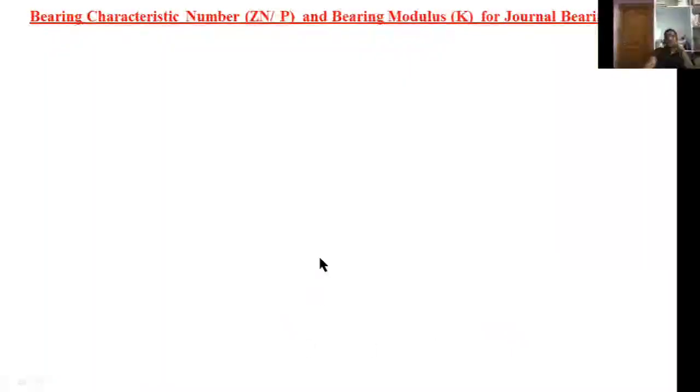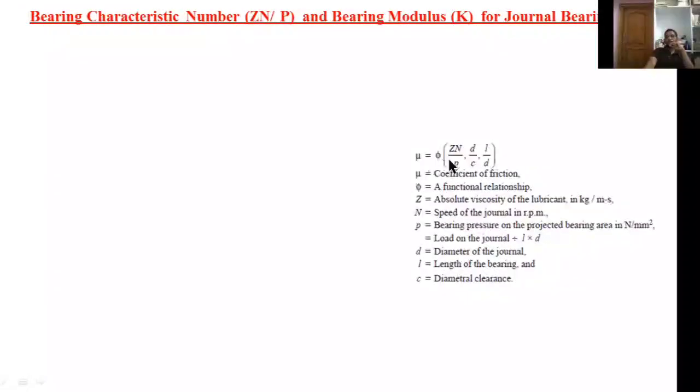Okay, here first of all you have to know the nomenclature of these terms. There are Z, N, P, and K values. This is the expression for bearing characteristic number and bearing modulus. Here, mu is the coefficient of friction.